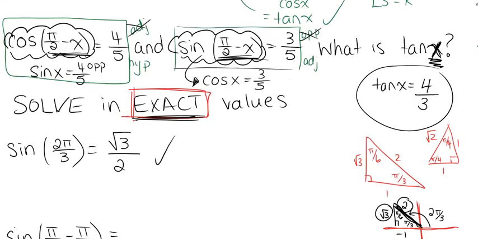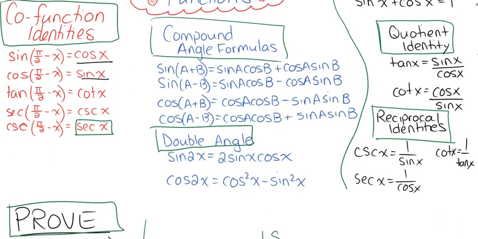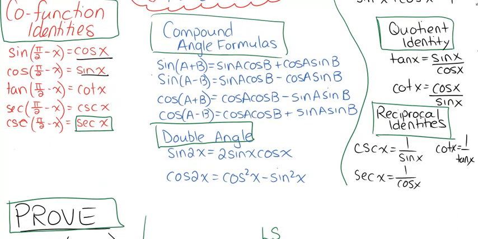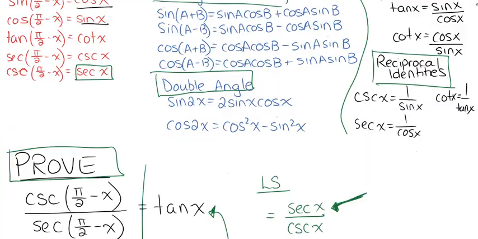So I'm going to head up to my compound angle formulas and look for the sine A minus B formula, which is right here. I'm just going to take that formula and use it. Okay, let's do it.